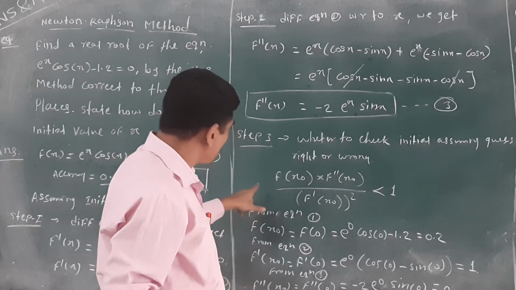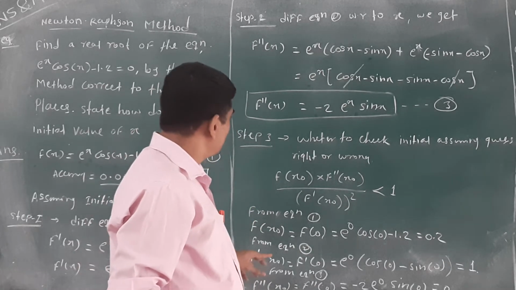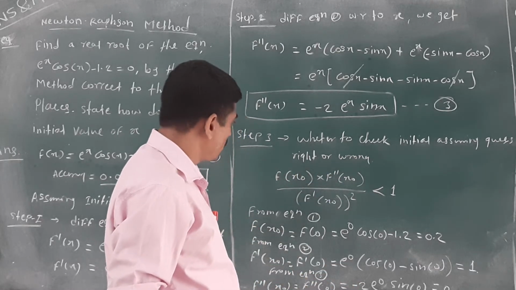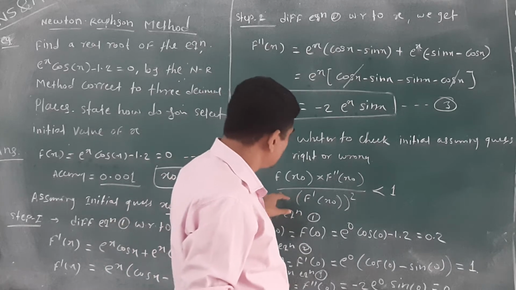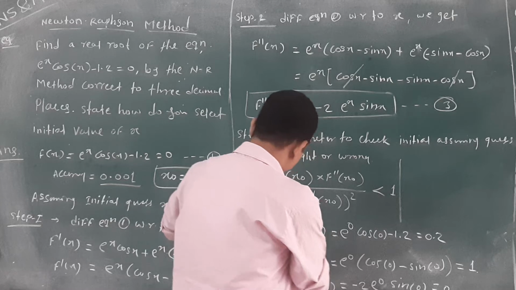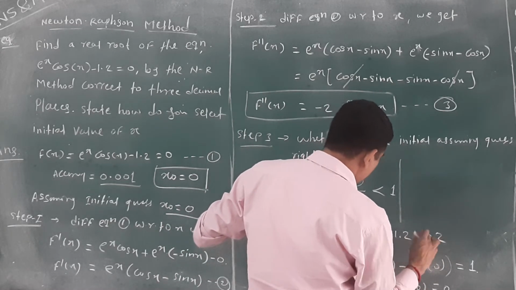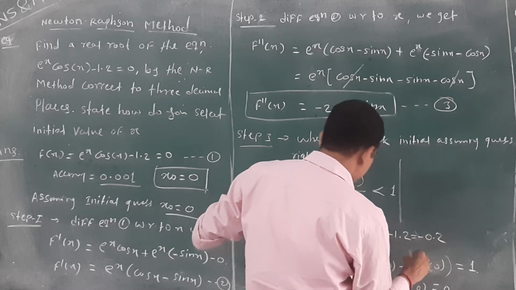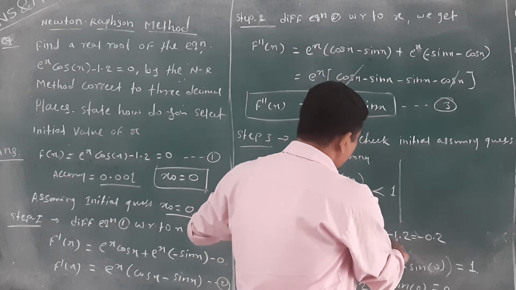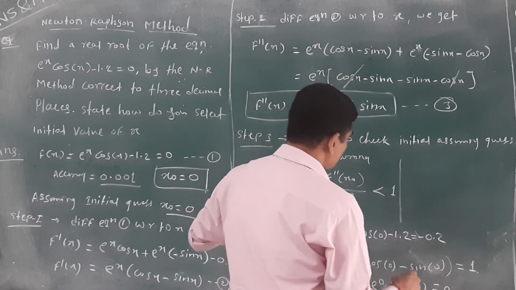Once you have calculated all the values in step number 3, you have to check whether our initial assumption guess is right or wrong. I will put all these values in this equation. What is f of x0? Sorry, here we have minus 0.2, because 1 minus 1.2 gives minus 0.2.